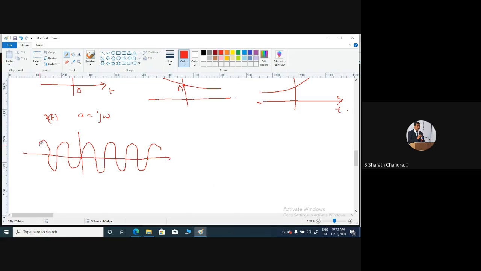Assume that this is a sinusoidal signal, and for all a equal to either plus or minus j omega, we see that x of t will be taking this shape.